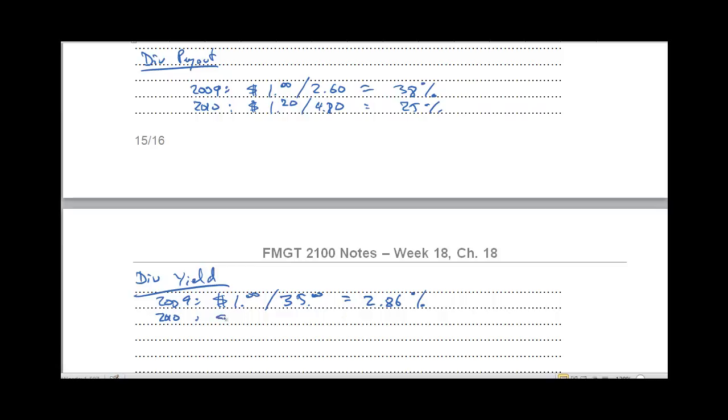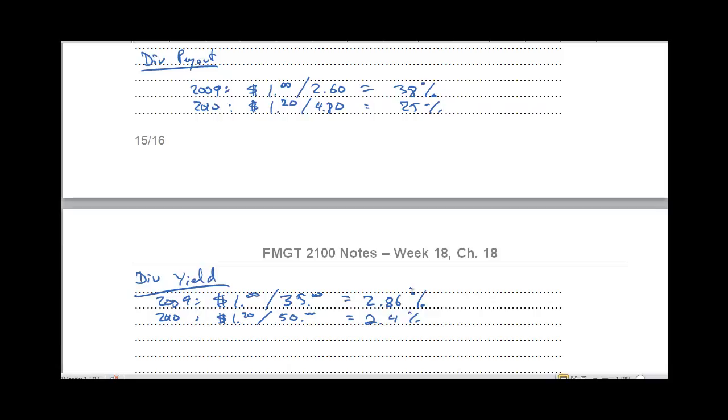And in 2010, that went up to $1.20 over the new market price of $50, or 2.4%. So the actual dividend yield fell. And maybe this is a more concrete reason for the bidding down of the price to earnings ratio: the share price now is high enough that the dividend is less attractive than it used to be.